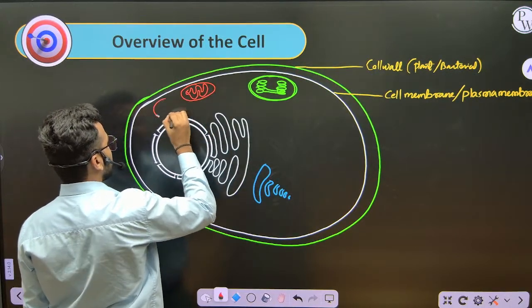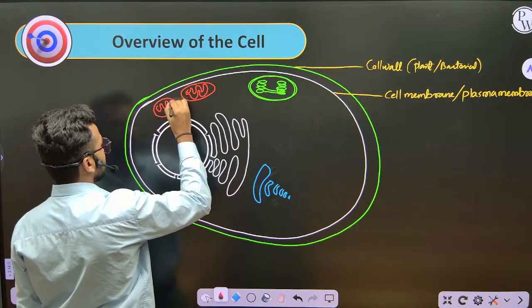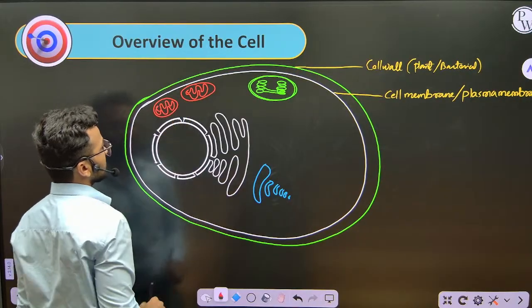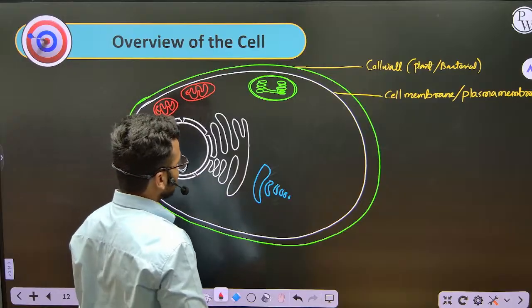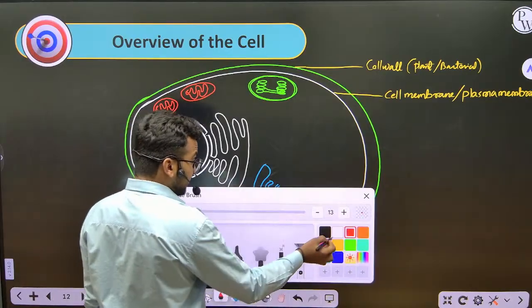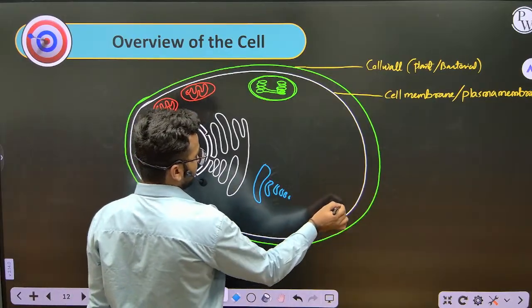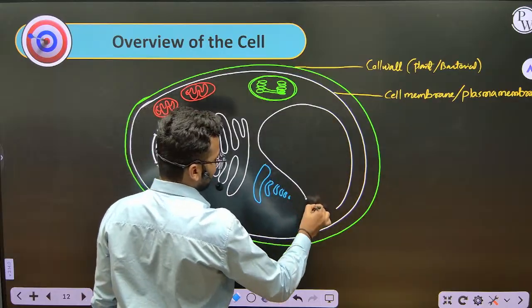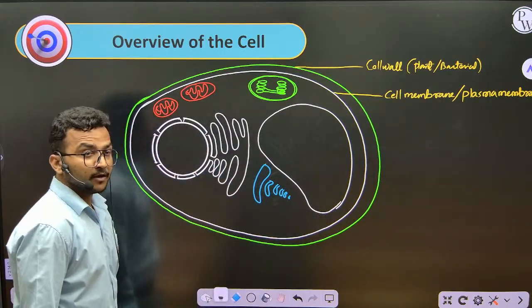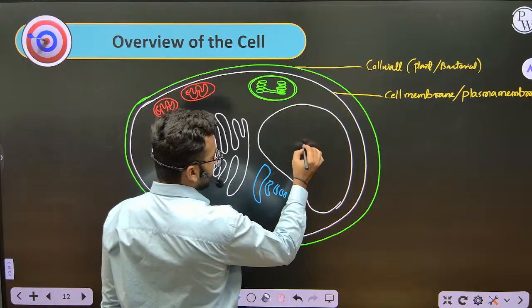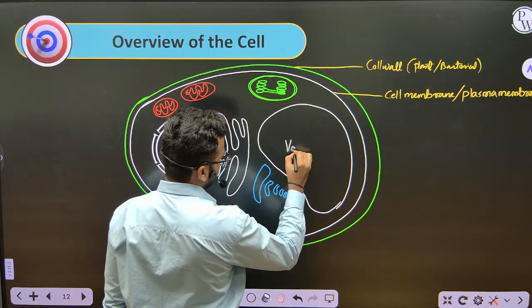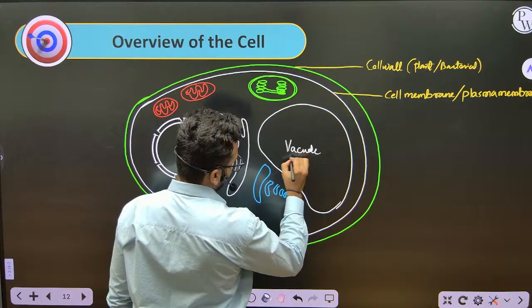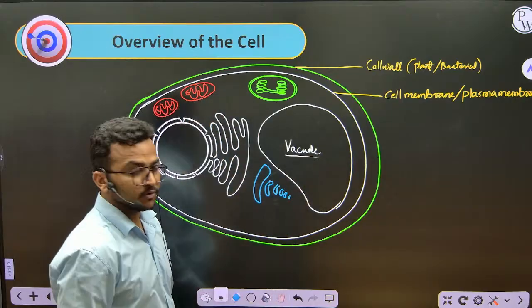So somewhere mitochondria will be seen. And if it is a plant cell, it will be having a huge structure like this which is covering 90% of the cell, which we call a vacuole. A large central vacuole will be there.